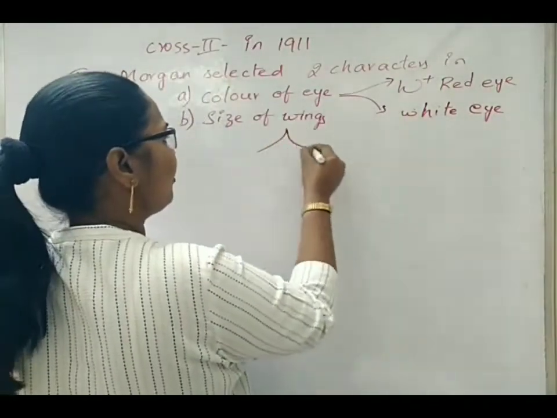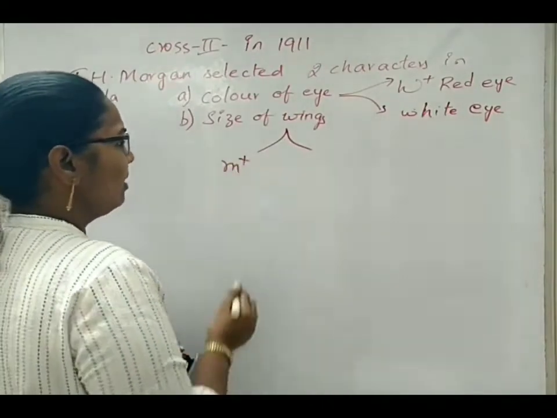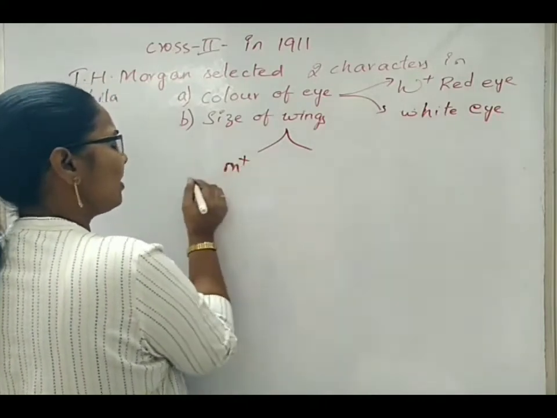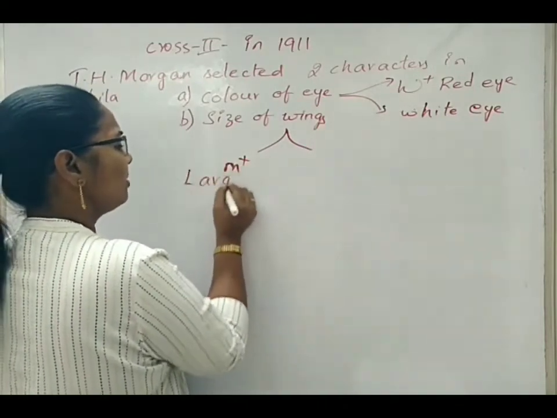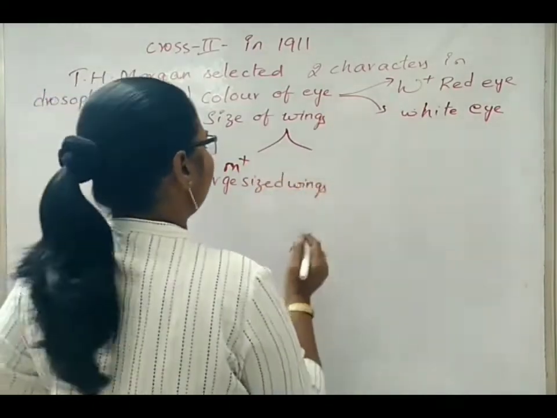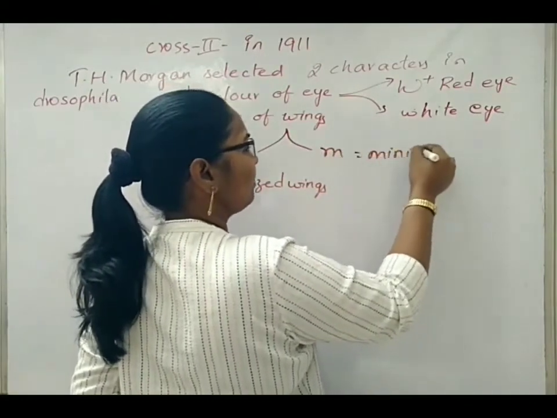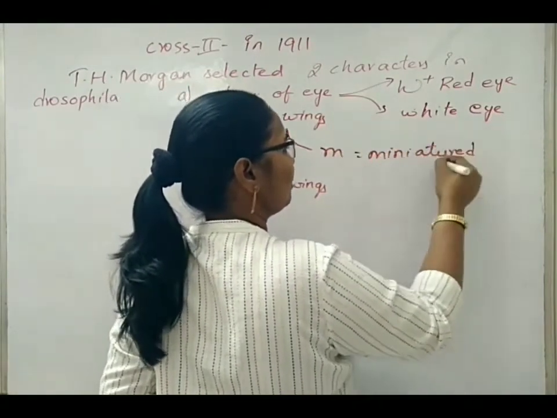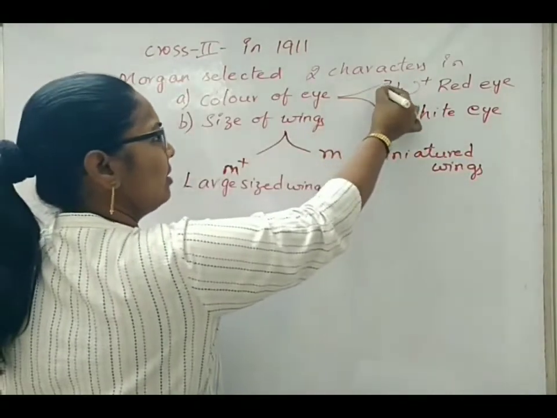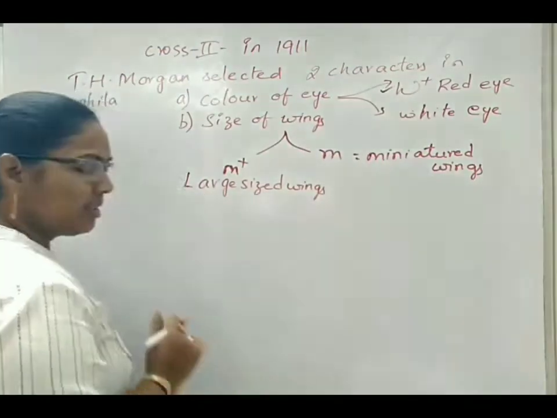Coming to size of the wings, the natural one is indicated with a dominant allele like this form, and it is nothing but large sized wings. And recessive one is miniatured wings. As I told you initially, in nature there are red color eyed and large sized wings Drosophila, existing naturally.